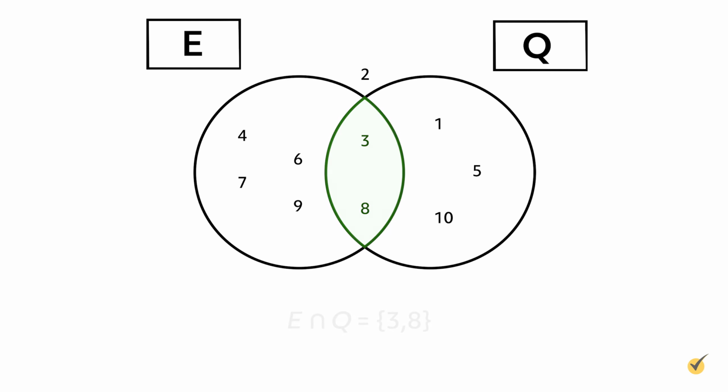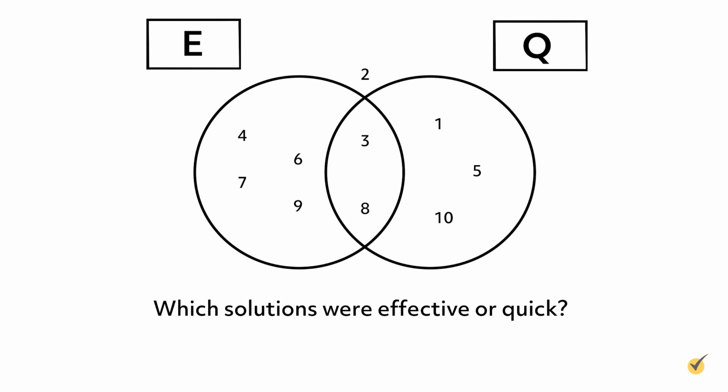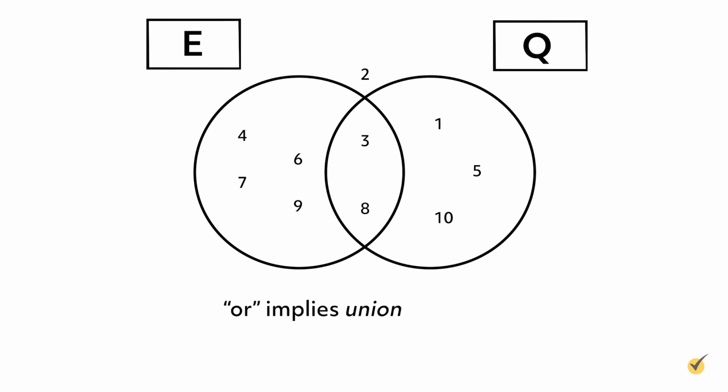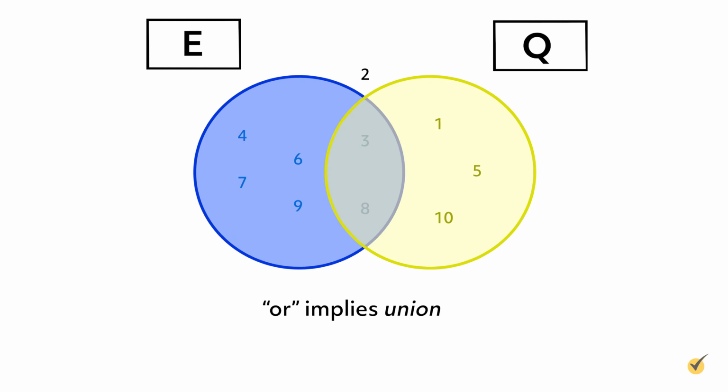The second question we are considering is which solutions were effective or quick? This question is deceptively similar to the previous, but with one critical difference. Now, instead of looking for which solutions belong to both sets simultaneously, we want to find which solutions belong to set E or set Q. When you hear the word "or," you should think union.